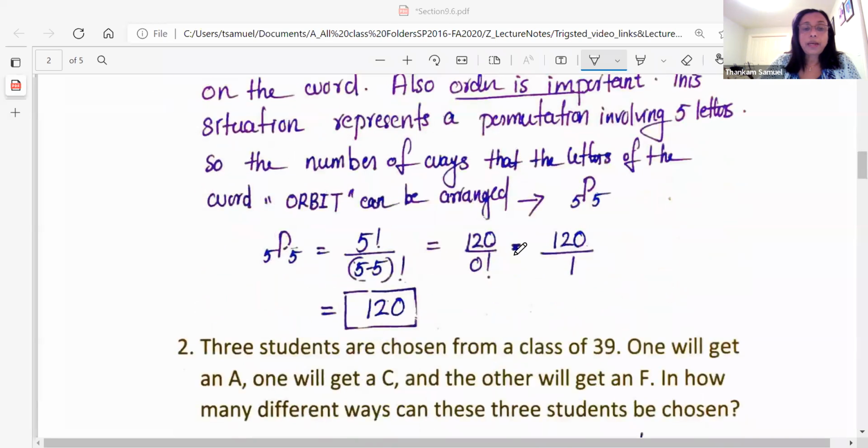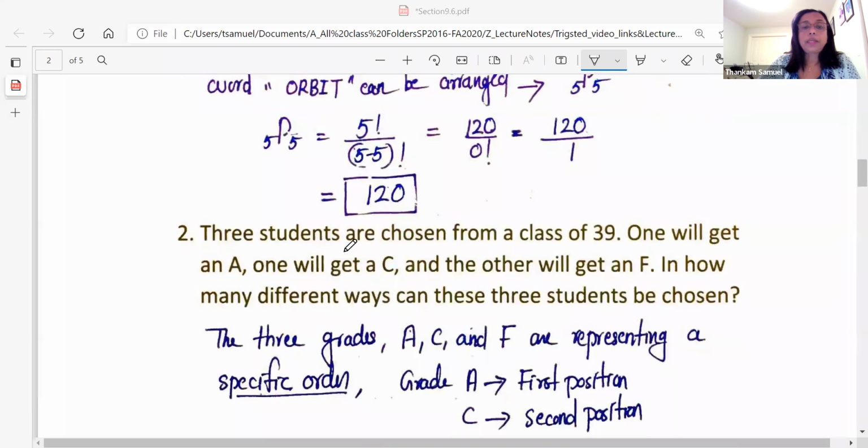Then let's look at another example. 3 students are chosen from a class of 39. One will get an A, one will get a C, and the other will get an F. So the question is, in how many different ways can these 3 students be chosen?